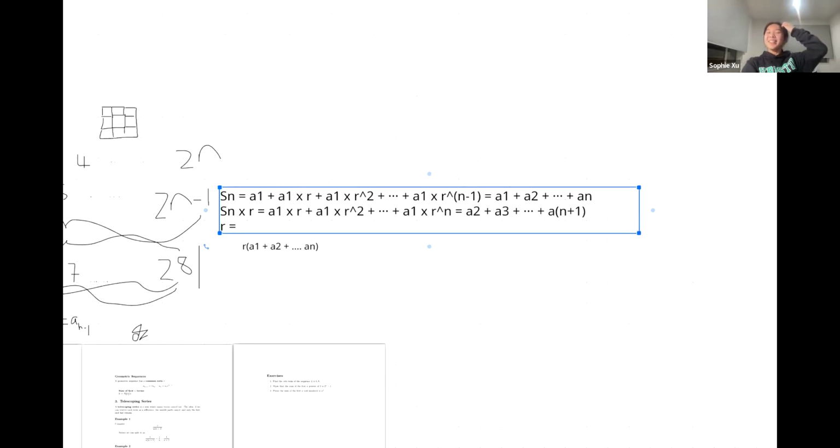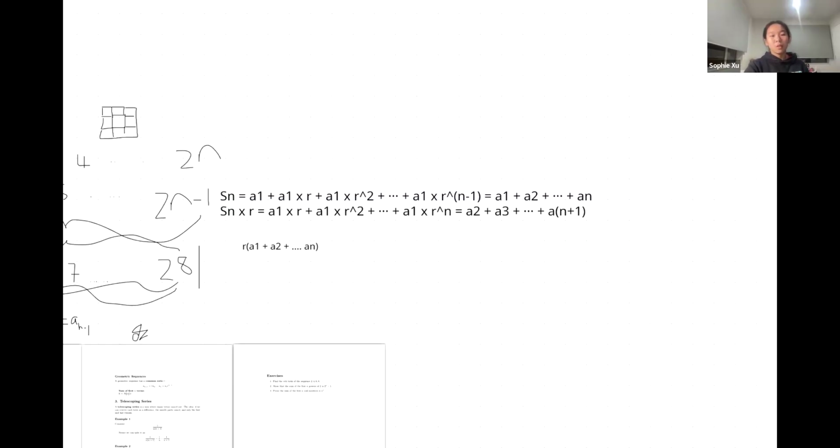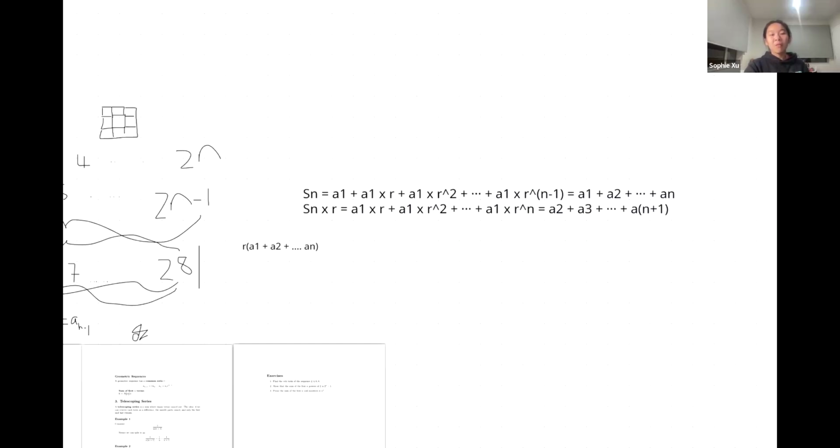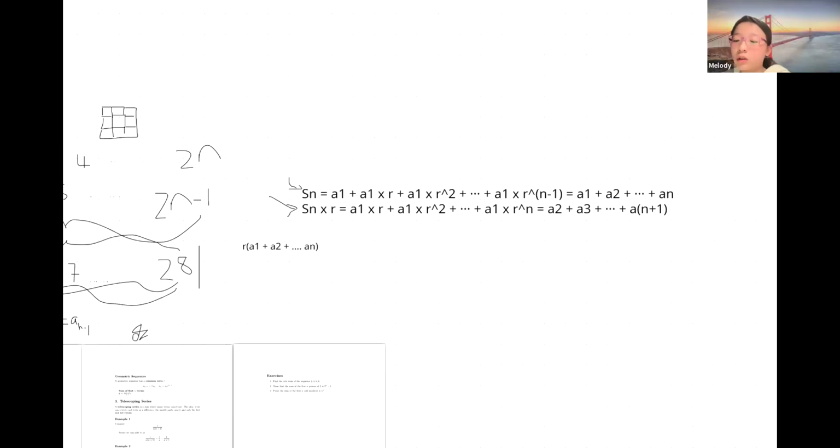I'm slightly confused. That's okay, take your time. So you said we wanted to subtract the first one from the second one, right? So what do we get if we subtract Sn from Sn times r? What do we get if we subtract this from this, the first one from the second one or the second one from the first one?